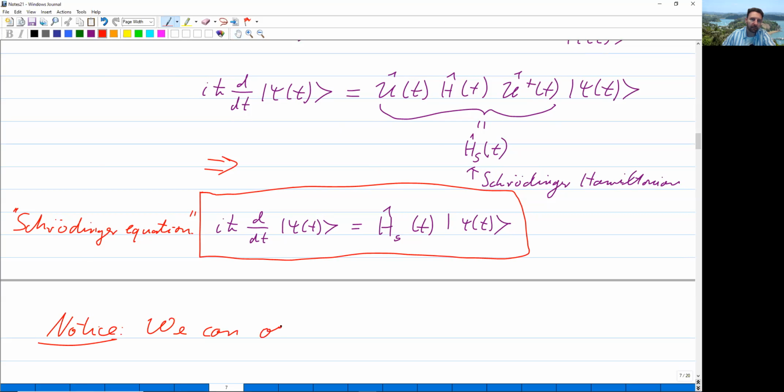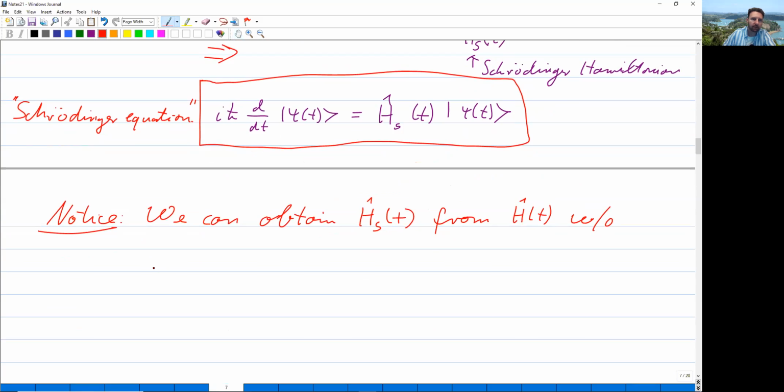We can obtain H hat S of t from H hat of t without calculating u hat of t. Well, how come we are so lucky?